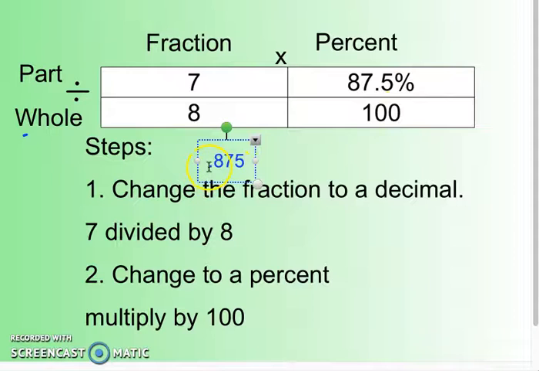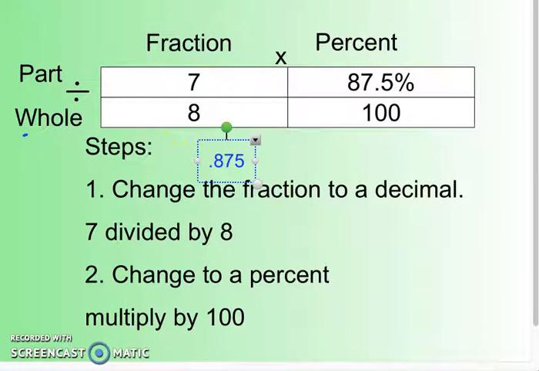That is why we are moving our decimal point to the right 2 places, because really we're moving 2 place values, which are each worth a power of 10. So our answer is 87.5%. If you look at this box, notice 7/8 is equivalent to 87.5 out of 100%.